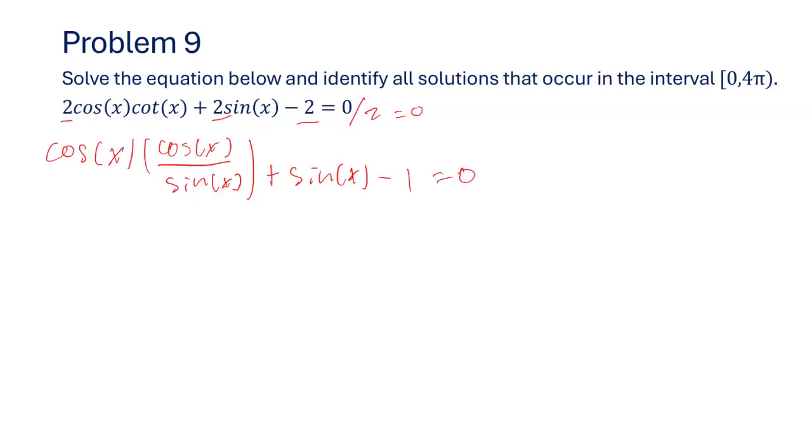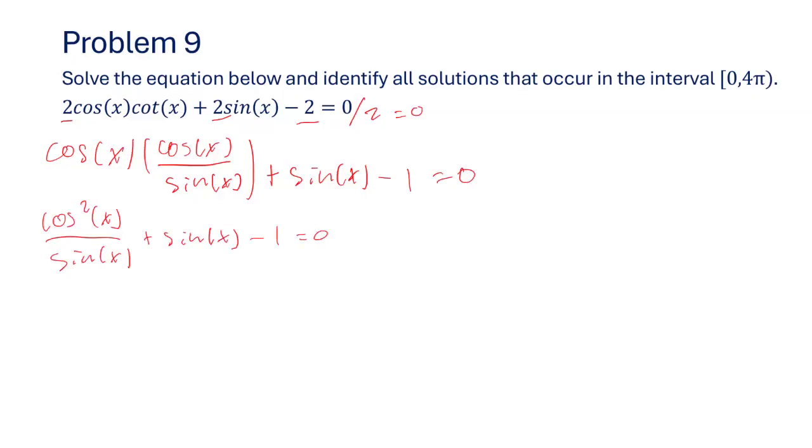Then let me simplify this out a little bit more. So we're going to have cosine squared x on the top over a sine of x plus sine of x right here minus 1 equals 0.